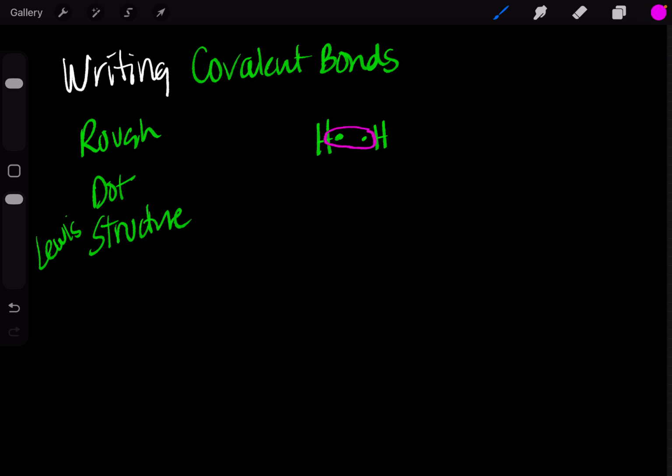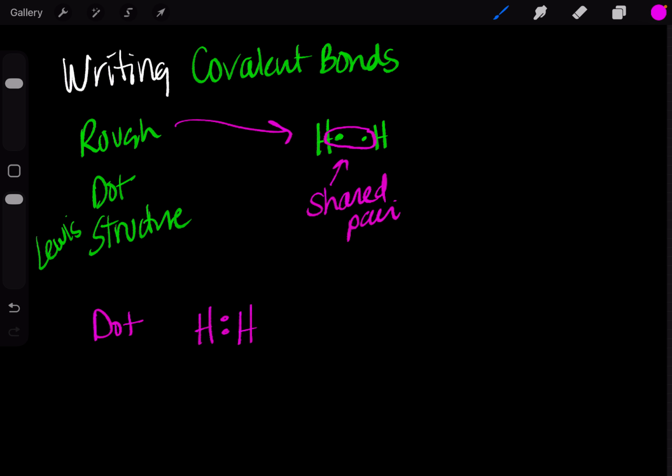So that is my shared pair. When I write the dot, it's going to look like this. And again, this is my shared pair.